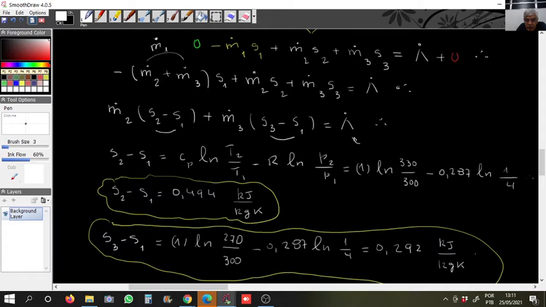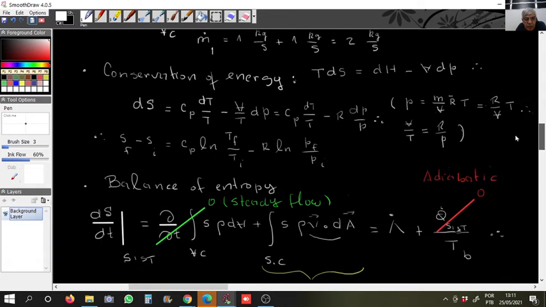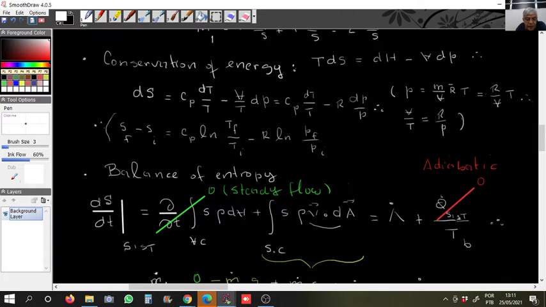Likewise, for M3, I will calculate S3 minus S1. I have the model here, this is my model, I'm using this relationship.